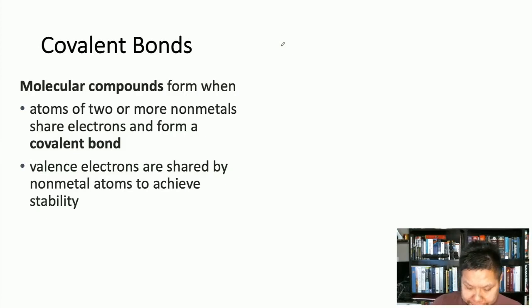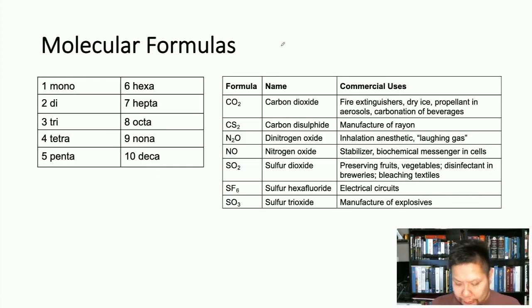Super simple. You name covalent compounds, or molecular compounds rather, I'm sorry, and their formulas based on the number of each atom or element that it's in, right? So if there's 1 of it, it's mono.